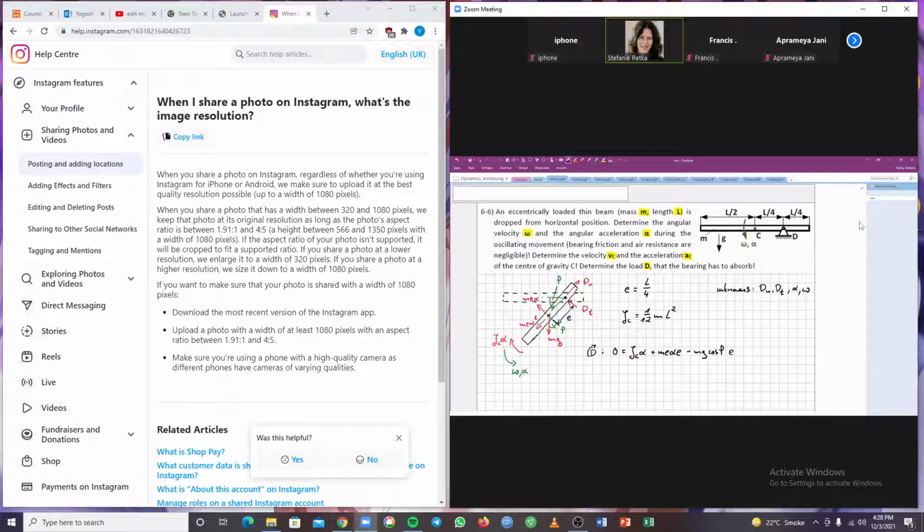Then rearranging the equation for our unknown value alpha, we obtain (JC plus m E squared) times alpha is equal to mg E cosine phi.